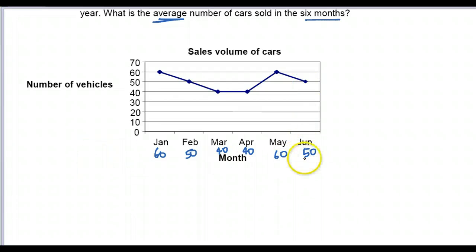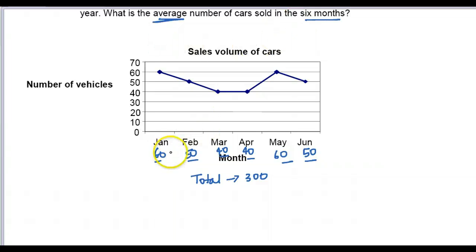So I have to add up all to find my total. 50 plus 50 will be 100. 40 plus 60 is 100. 40 plus 60 is 100. So I know my total is 300.